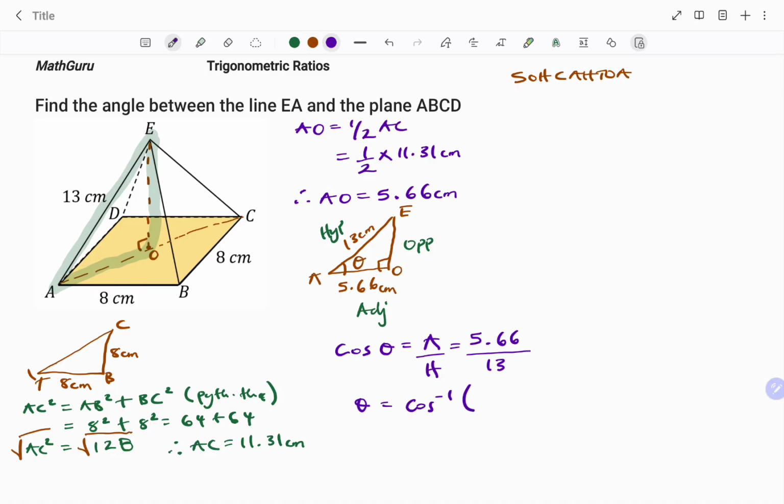It becomes arc cos of 5.66 divided by 13. Therefore, the angle made by EA to the plane ABCD, which is theta, will be equal to 64.2 degrees to 1 decimal place.